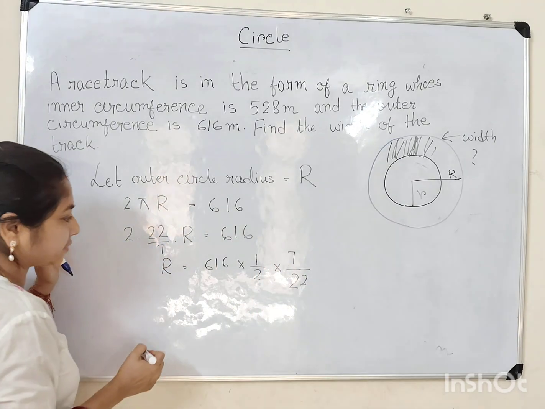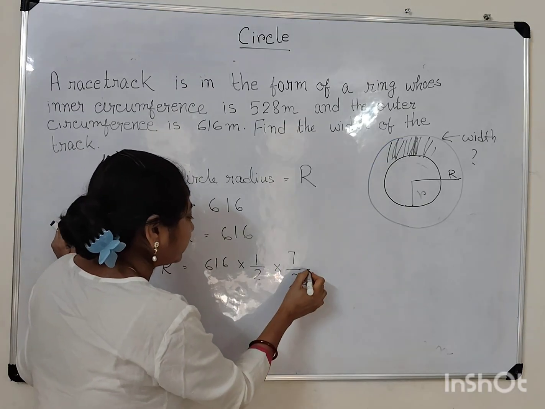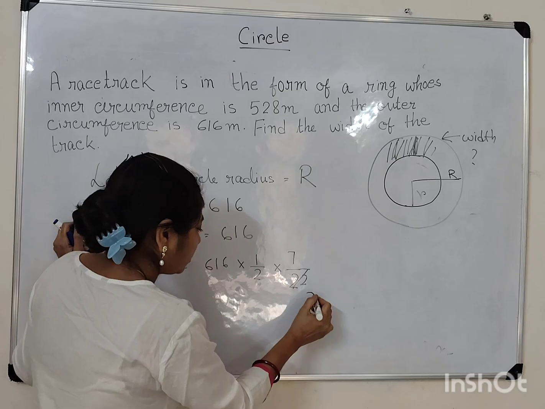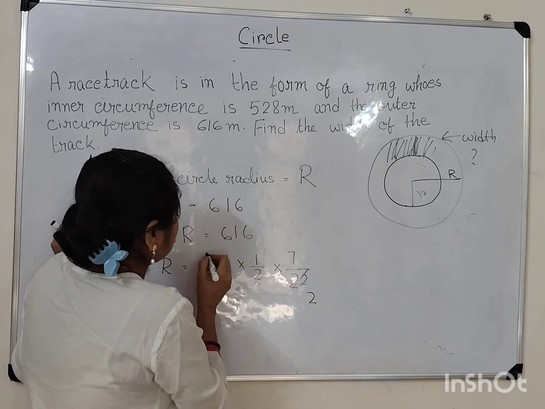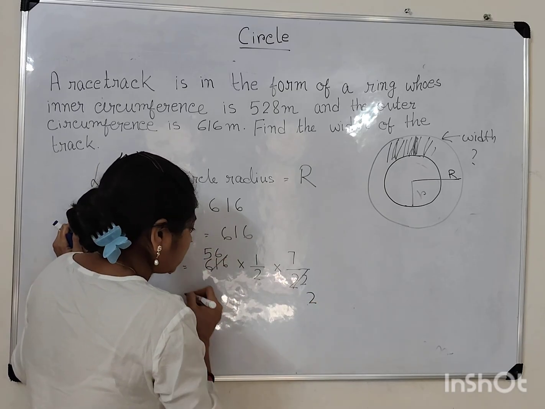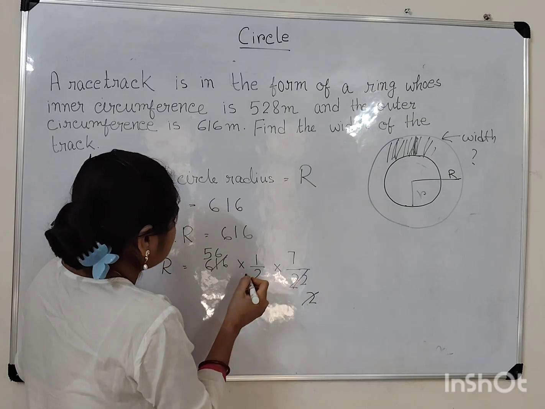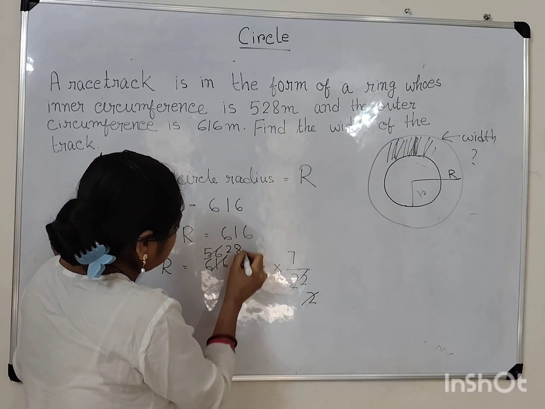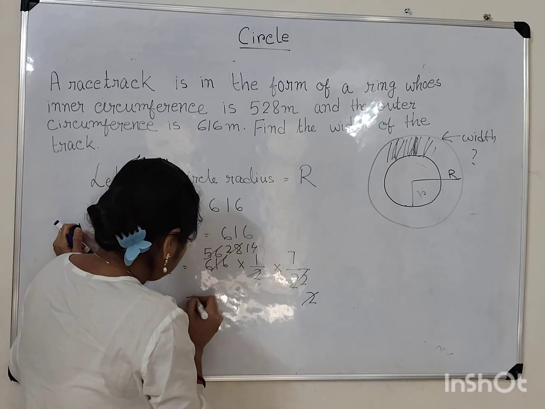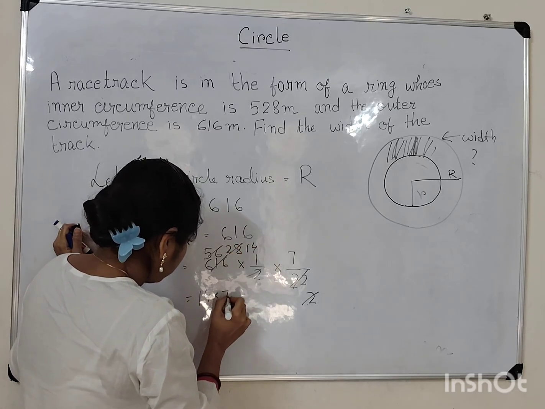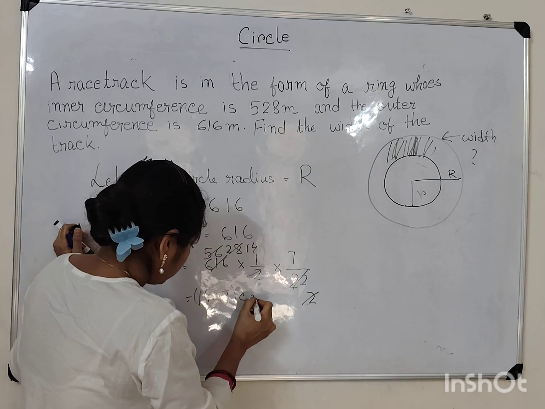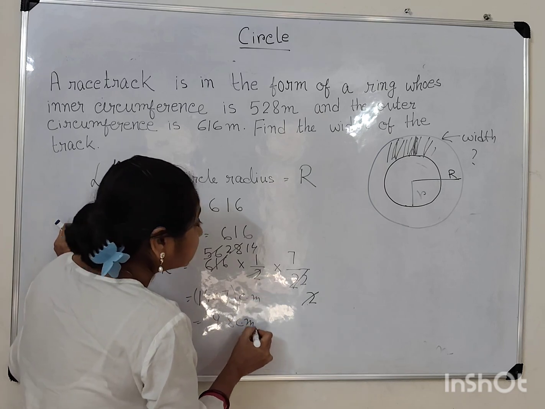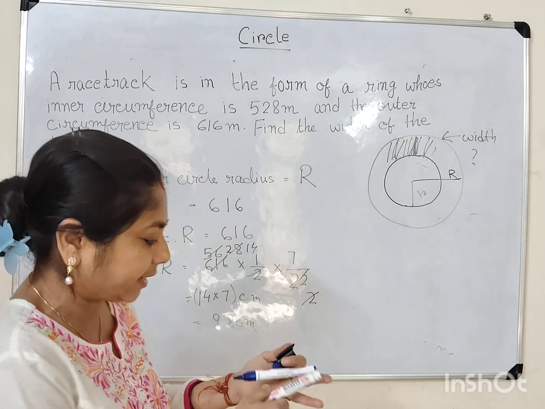You calculate it first. 98 centimeter is the outer circle radius.